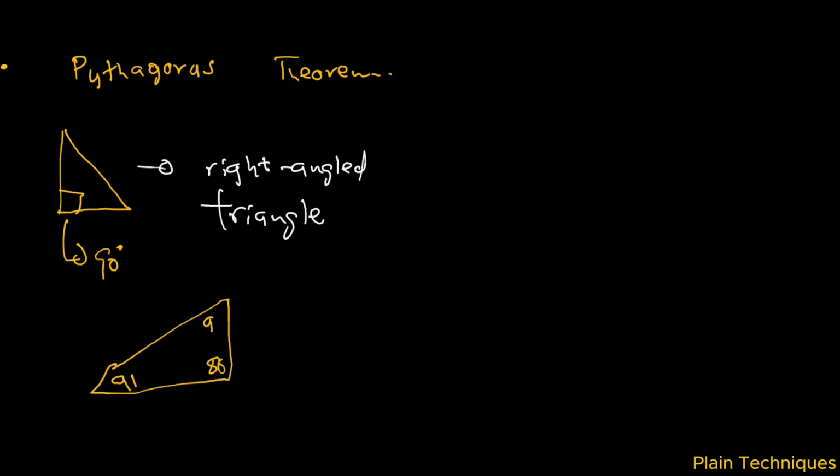You can see that none of these angles equals 90 degrees, so therefore, we cannot use Pythagoras theorem. Remember, Pythagoras theorem can only be used on a right-angled triangle, meaning that one of the angles of the triangle must be 90 degrees. Okay, let's continue.